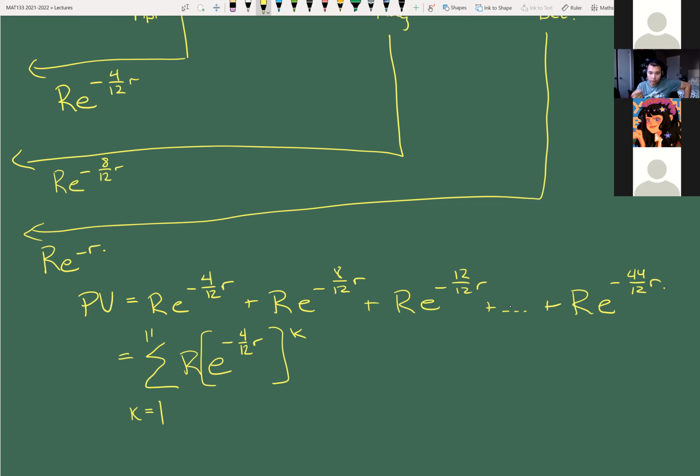If you wanted to, you could factor out the first R e to the negative R/12, and that would get your sum to start at 0. So if you wanted to do it like that, those are the same sum, and it lets you start from 0 instead.